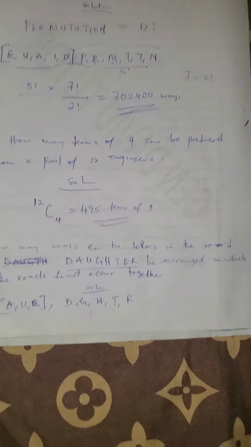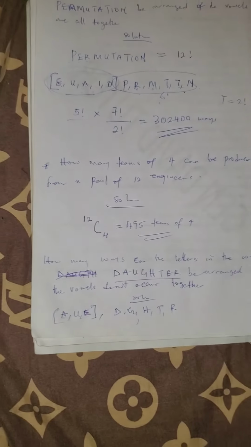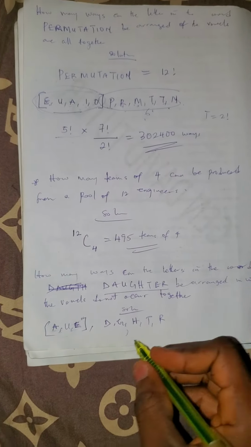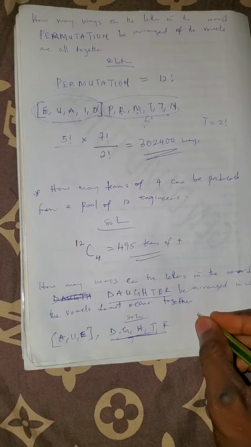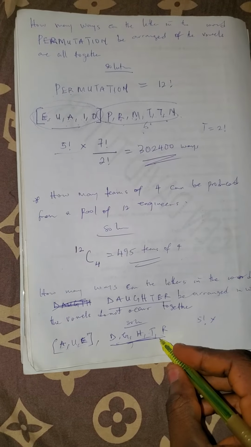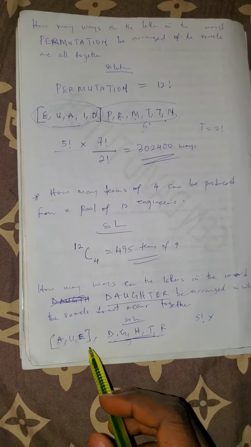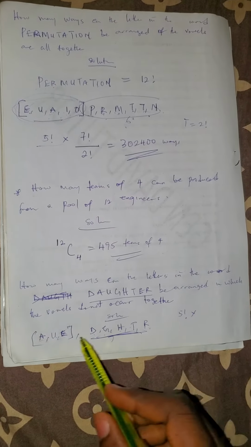That means they occur singly. So what you're now going to have is, we should switch it like the previous one. The factorial 1, 2, 3, 4, 5. So this one is 5 factorial, then multiply by.